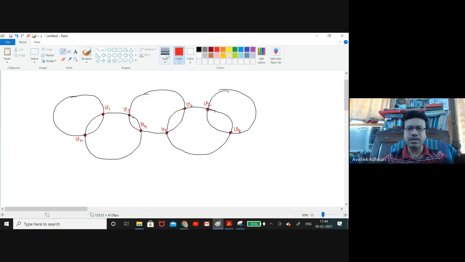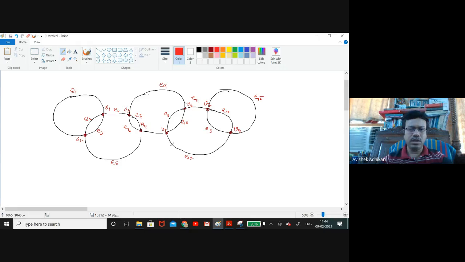So how many edges are there? Say E1, E2, E3, then E4, E5, E6, E7, E8, E9, E10, E11, E12, E13, E14, E15.